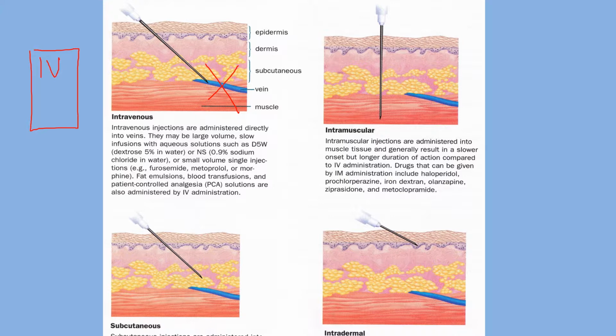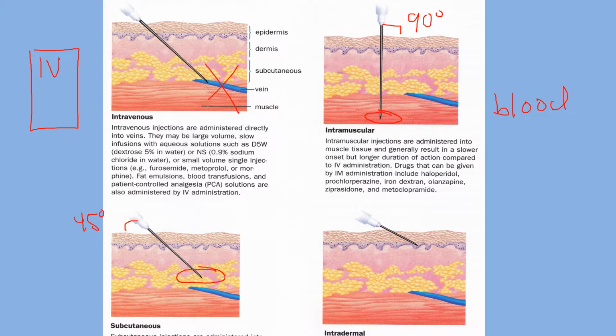Intramuscularly, the angle is going to be at 90 degrees, and you go at least an inch into the muscle. Since there's a lot of blood, this is relatively fast. Subcutaneous, the angle here is 45, and that goes into the fat layer.